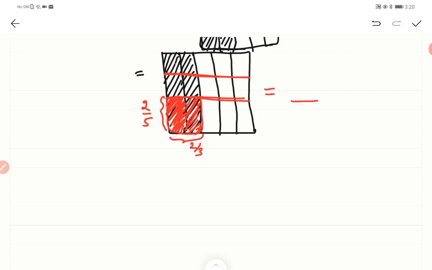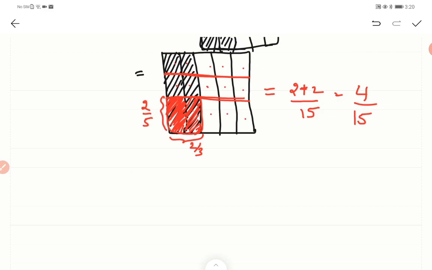So count as 1 2 3 4 5 6 7 8 9 10 11 12 13 14 15. It is 15. And black regions shaded how many? 2, isn't it? And red regions shaded are again 2. So you'll get totally 4 by 15.